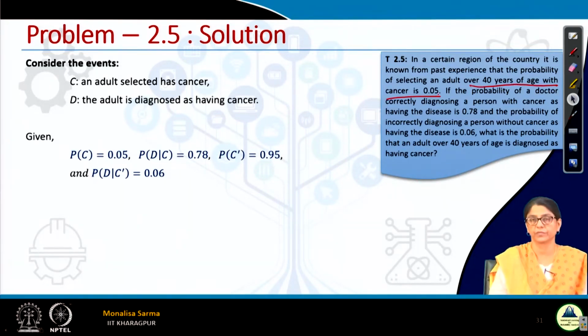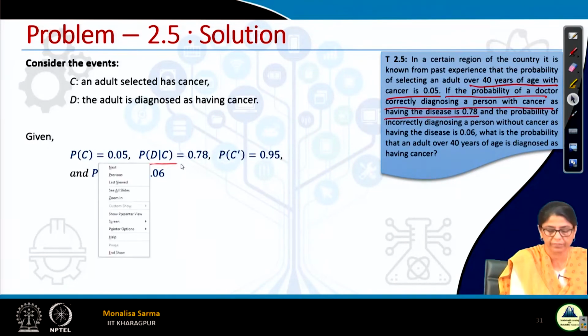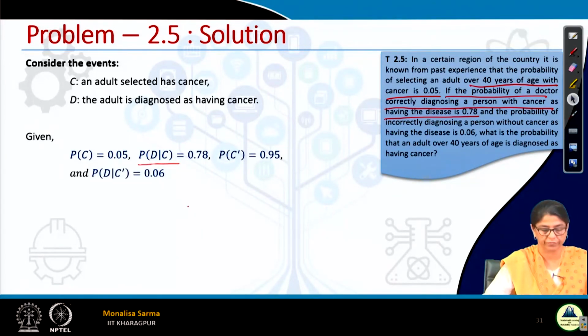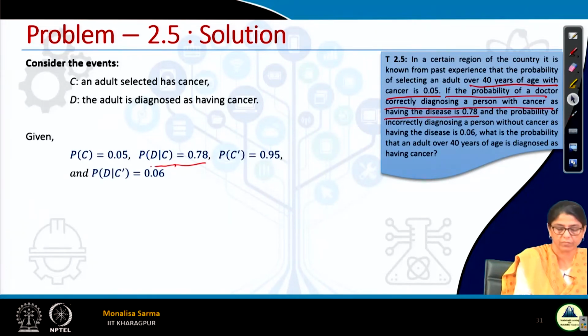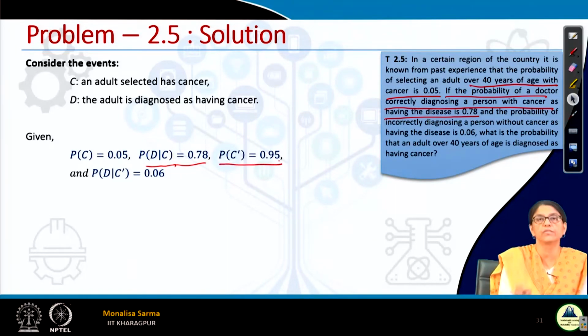Next it is given, the probability of a doctor correctly diagnosing a person with cancer as having the disease is 0.78. Given that the person has cancer, the doctor has diagnosed that he has cancer. And when P of C is 0.05, then probability of C bar is 0.95, 1 minus 0.05, right.